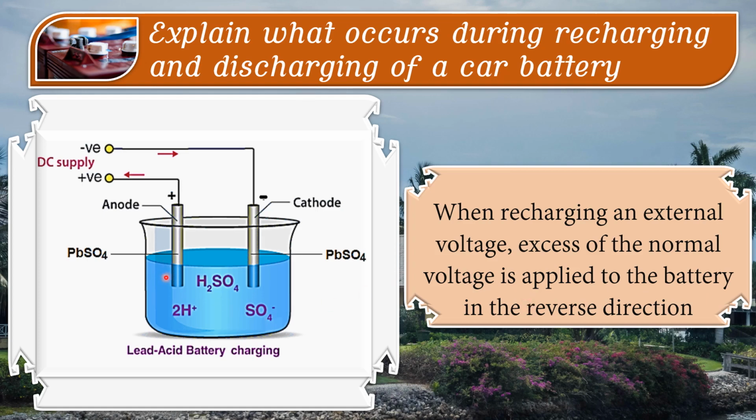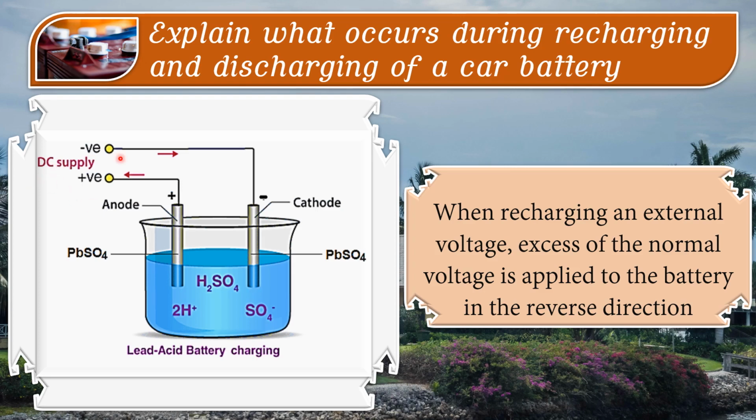For example, here, when you look here, our electrons will move in that direction and electricity goes out. That is during discharging. But in the charging, we shall force the voltage to go in the opposite direction into the battery.